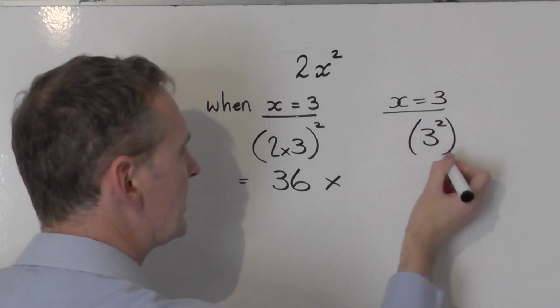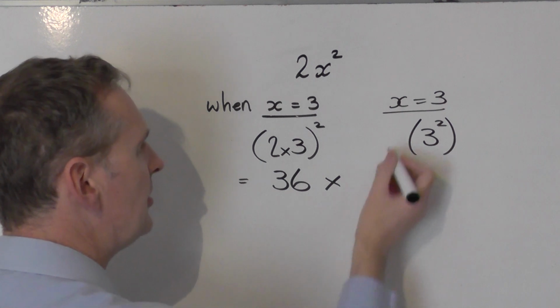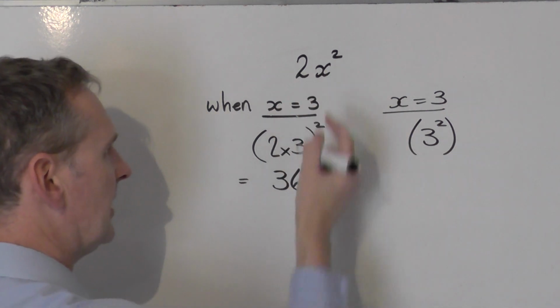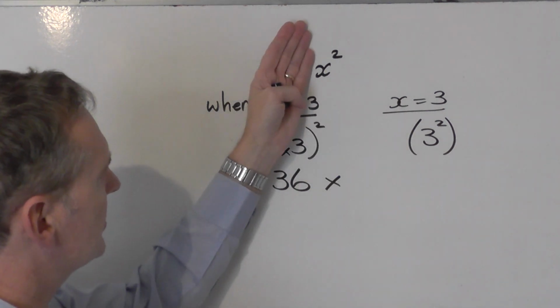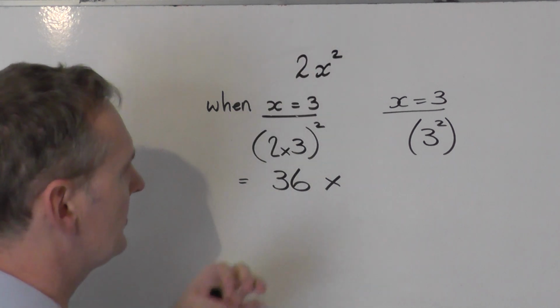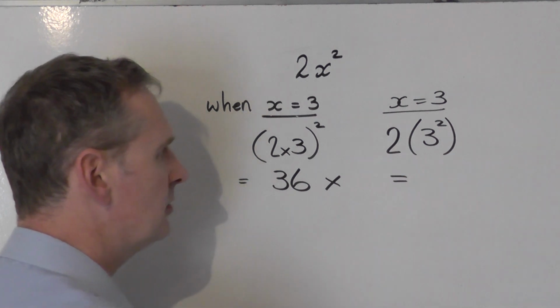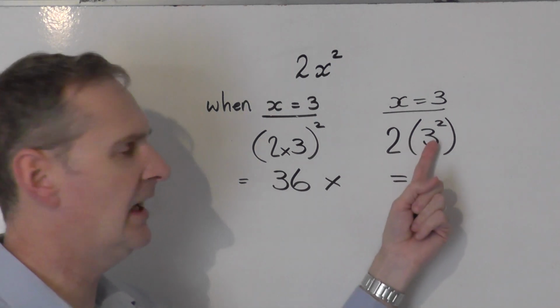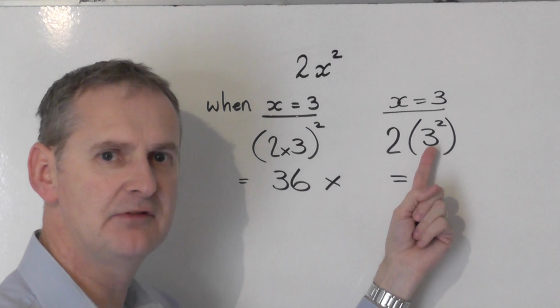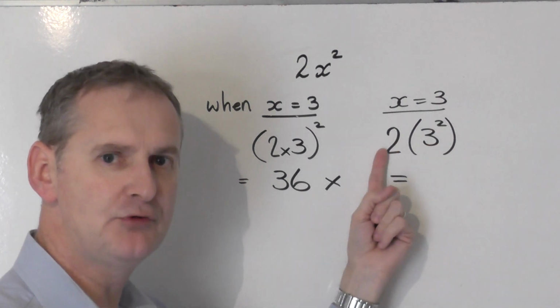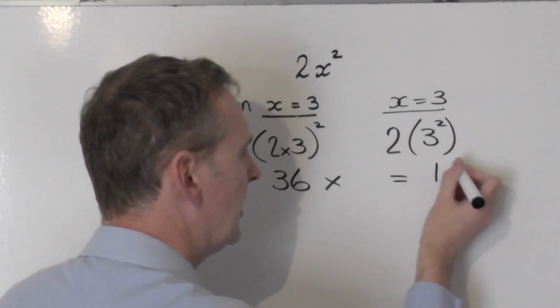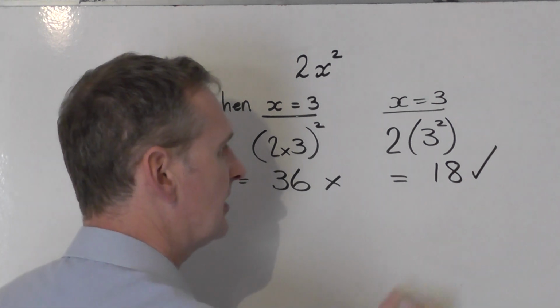Once you've worked that out, I'll put that in a bracket, you then have 2 lots of x squared. So you work out x squared first, and then afterwards we have 2 lots of it. So we're going to double this afterwards. So this is equal to, you work out what 3 squared is, 3 threes are 9, and then you double it. And if you double it, you get the answer 18. And now that is the correct answer.